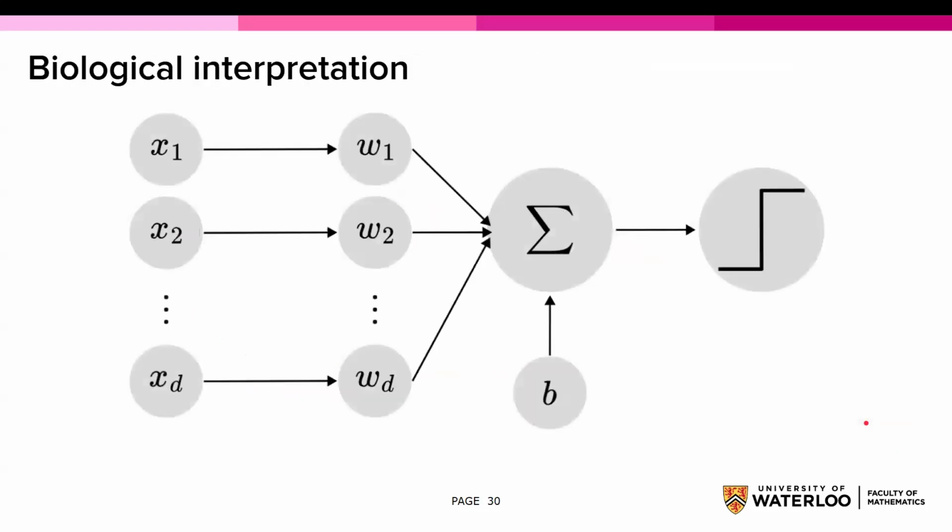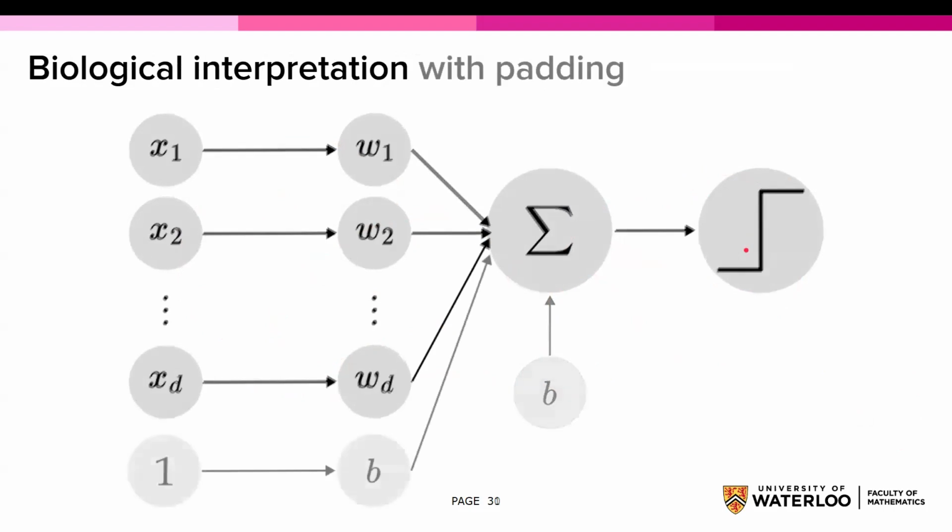Going back to our biological interpretation before, where we had a weighted sum of the features to which we added the bias before ultimately applying that thresholding operation, this is equivalent to just adding a new feature that we fixed to 1, which is weighted by b. So those were totally equivalent statements.